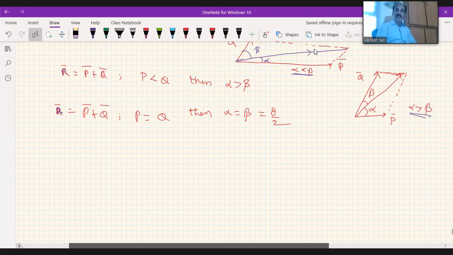So this is about the vector addition. There is one example. Write the example.